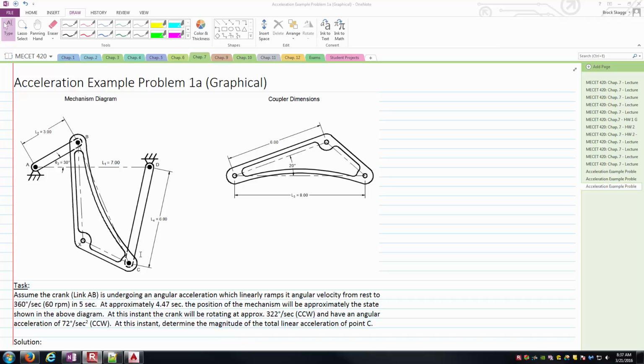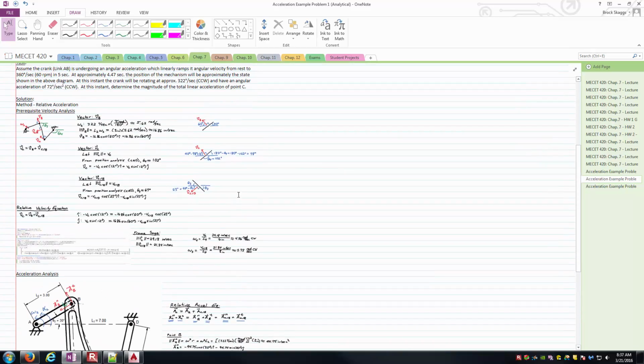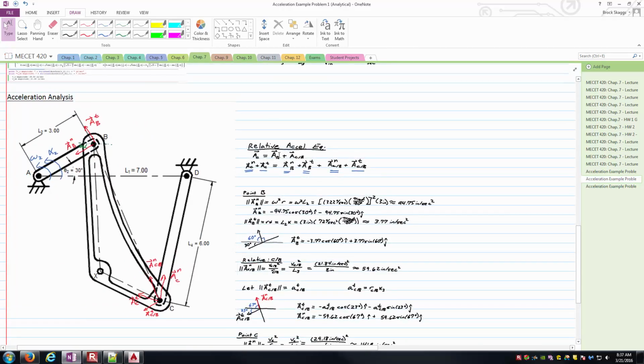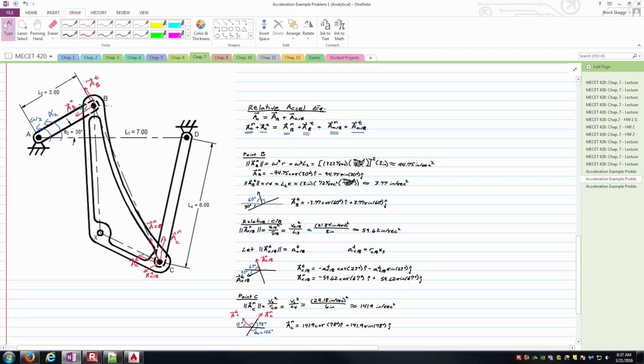In a rather long previous video, we basically worked the entire problem out analytically, so I'll just show you this work here. We're assuming we've already done a velocity analysis, and then we looked at a relative acceleration equation. The acceleration of C is equal to the acceleration of B plus C relative to B. We broke each of those terms down into normal and tangential components, looked at each of these individual terms, and wrote those in terms of i and j notation.